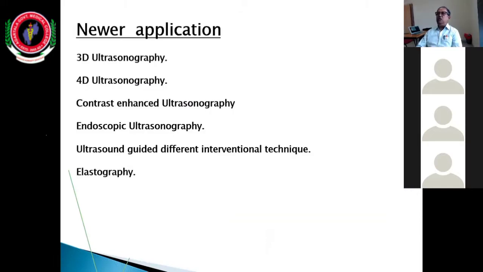Now come to the newer applications of ultrasonography. This is 3D ultrasonography, 4D ultrasonography, contrast enhanced ultrasonography, endoscopic ultrasonography, ultrasound guided different interventional techniques and elastography.